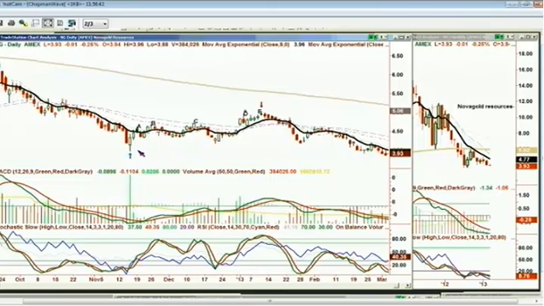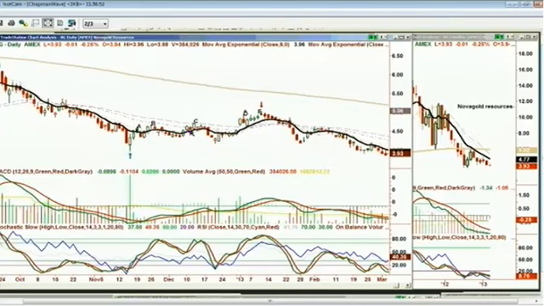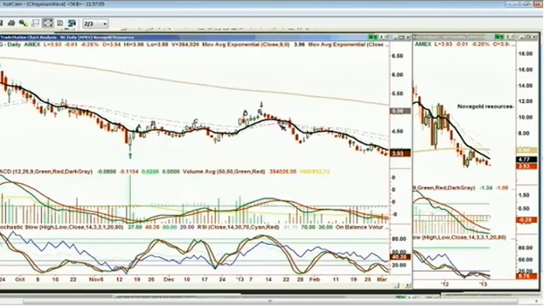So look at this. NG, which is Nova Gold, made a low at $3.98 on the 15th of November. Then I count about 50 bars to the 10th of January, and then about another 50 bars.